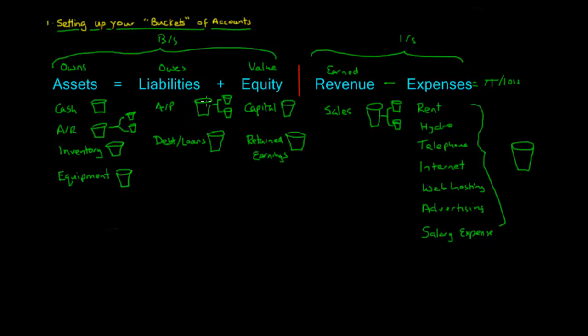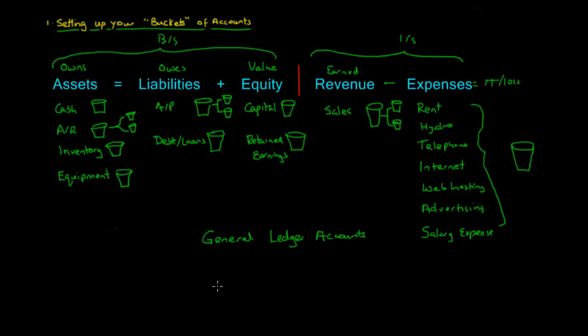Now, each of these buckets, when we look at them from an accounting terminology, we call these general ledger accounts. So these are all known as general ledger accounts. I just think it's useful to think of them as buckets.